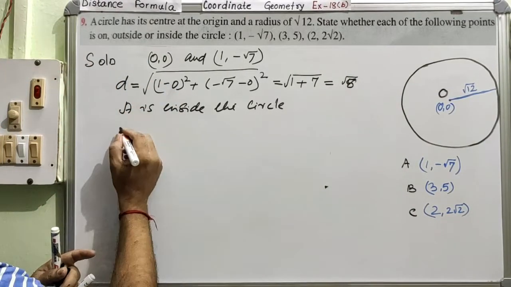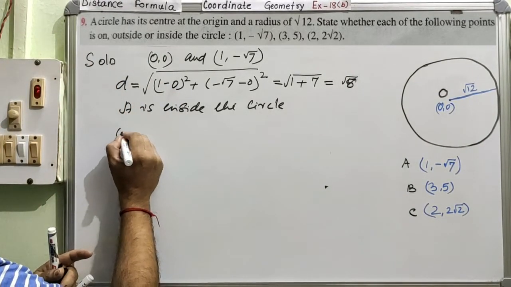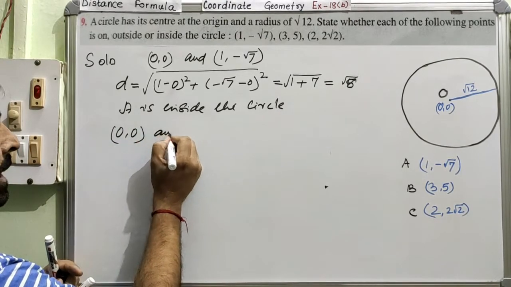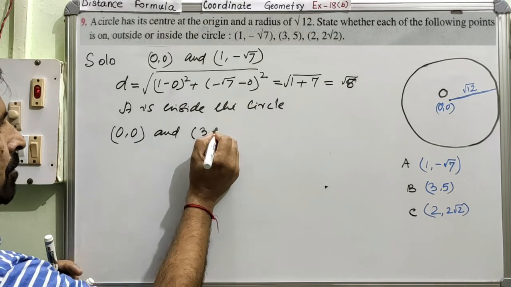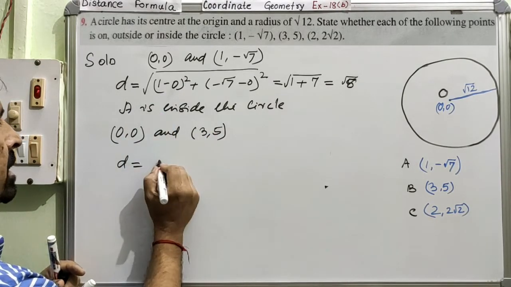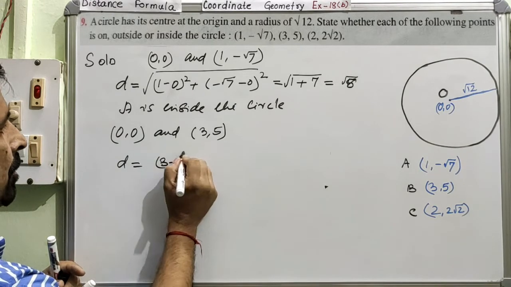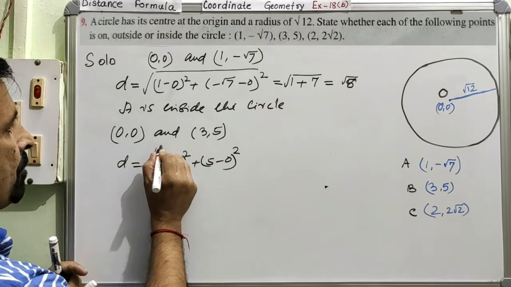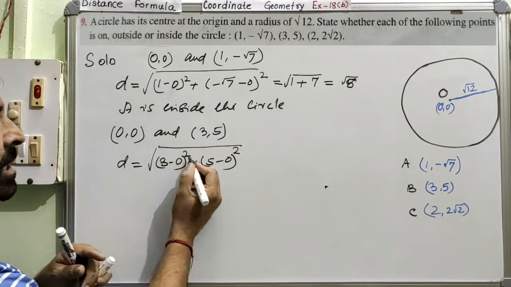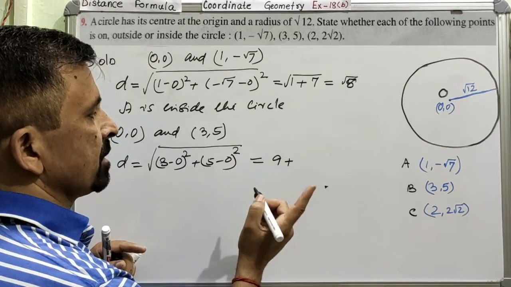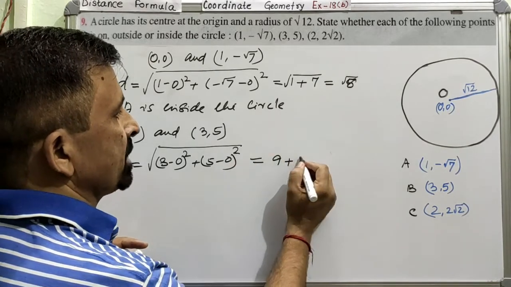Now let us find out another with (0, 0), right? And another coordinate is (3, 5). Now D is the square root of (3 minus 0) whole square plus (5 minus 0) whole square. 3 minus 0 is 3, 3 square means 9, plus 5 minus 0 is 5, and 5 square means 25.